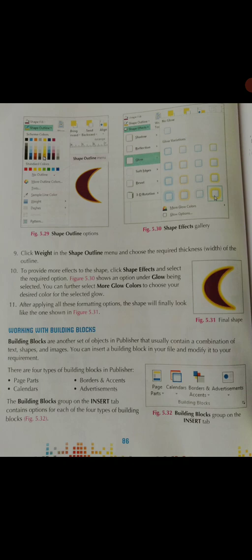You are going to mark from the first line, building blocks are set of objects in Publisher that usually contain a combination of text, shapes and images, up to your second line, images. Full stop.